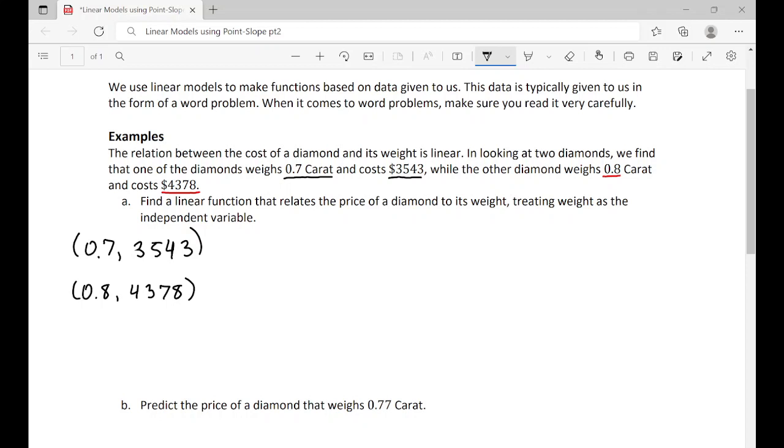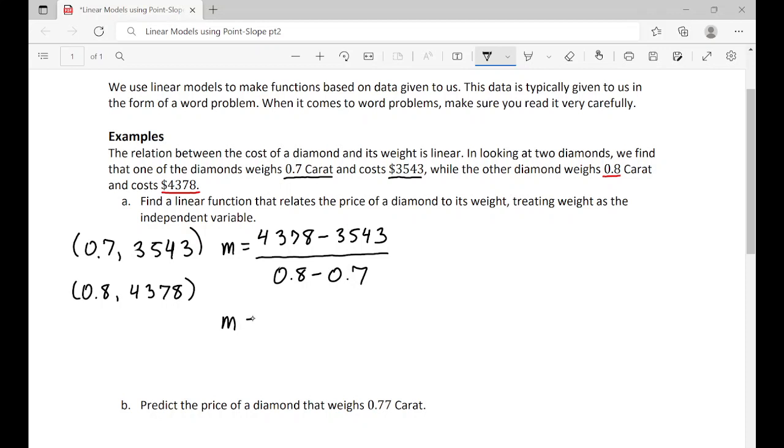So when writing a linear function, you have to have a point and a slope. We got 2 points, which we'll choose one in a second, but we got to find the slope. And so slope, m, is going to equal 4,378 minus 3,543 divided by 0.8 minus 0.7.